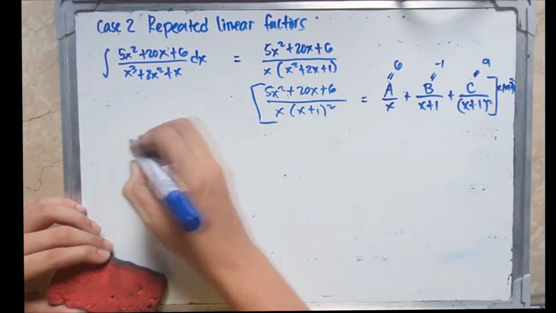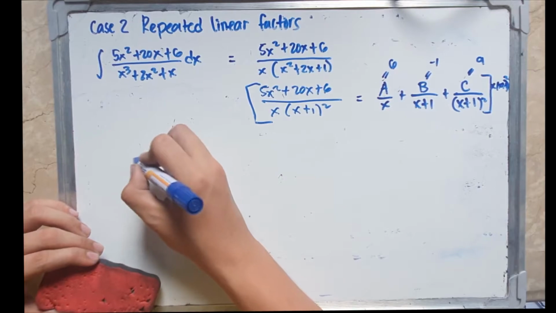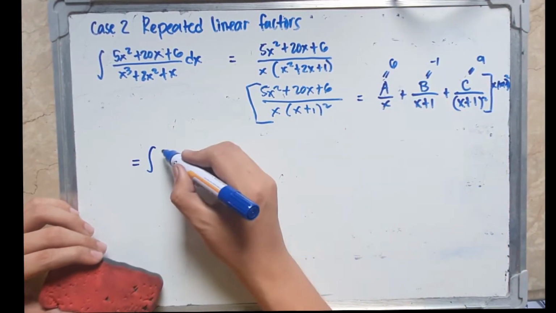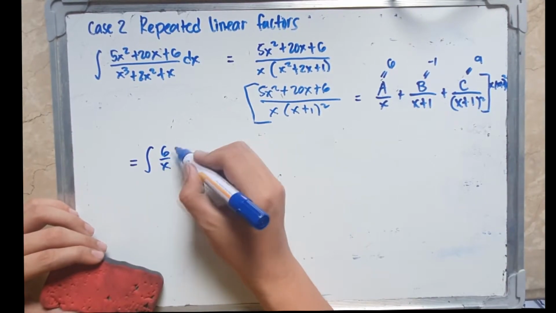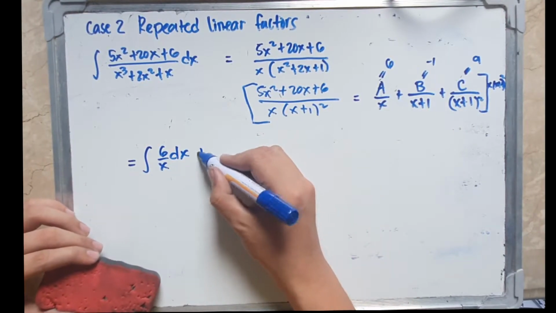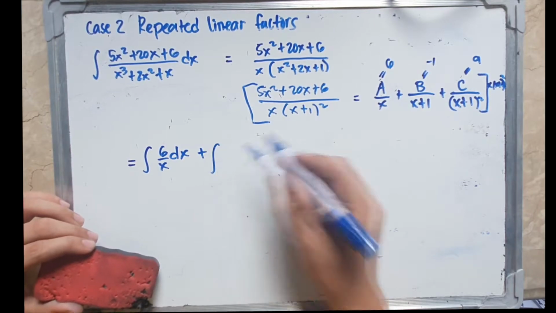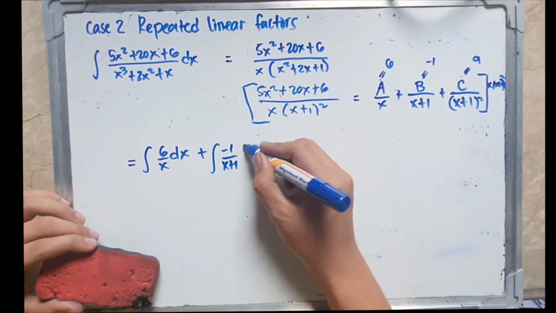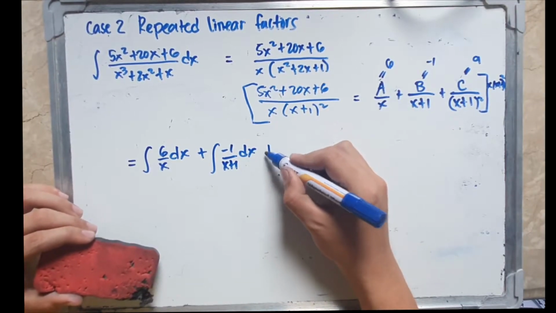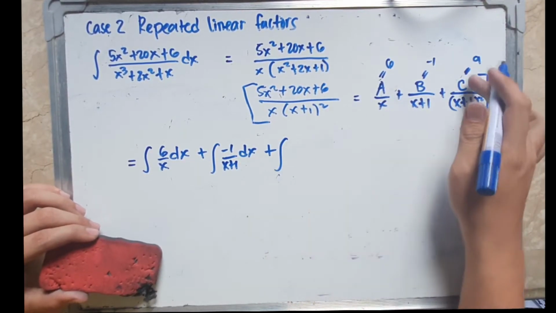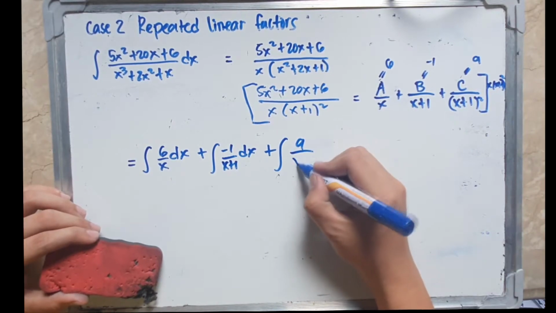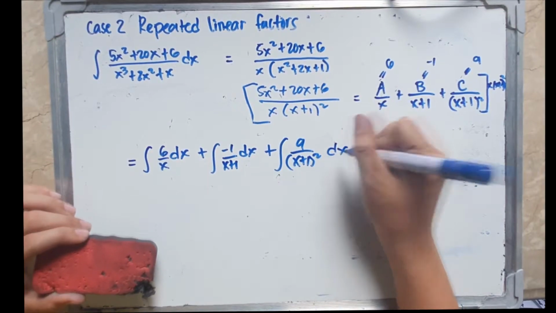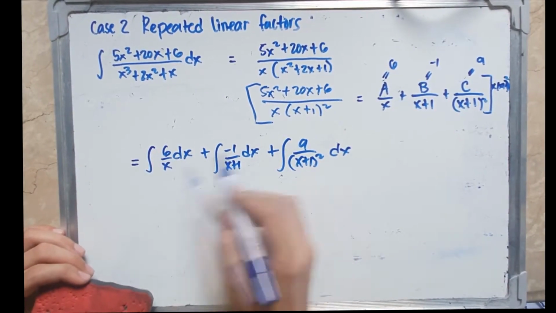This one is equivalent to the integral of A, which is 6 over x dx, plus the integral of B, which is negative 1 over x plus 1 dx, plus C, which is 9 over (x plus 1) squared dx. Factor out all the constants.